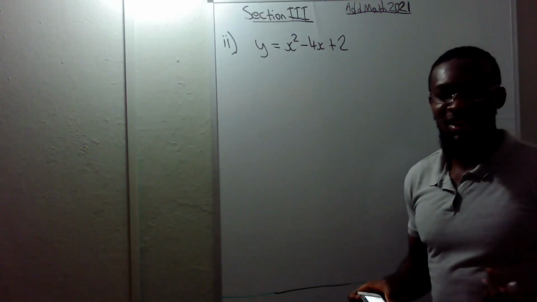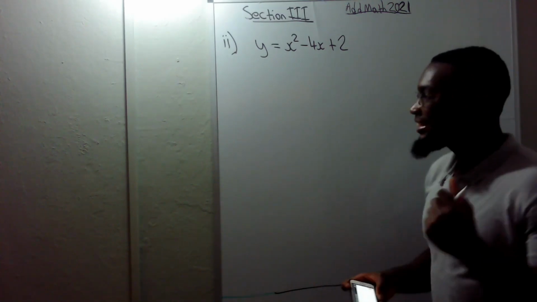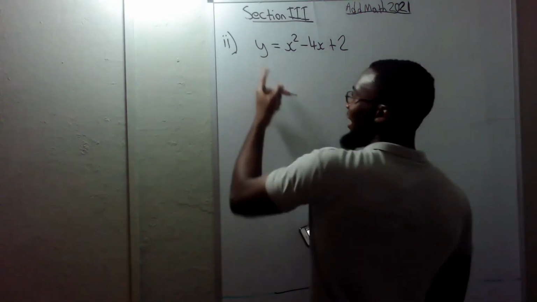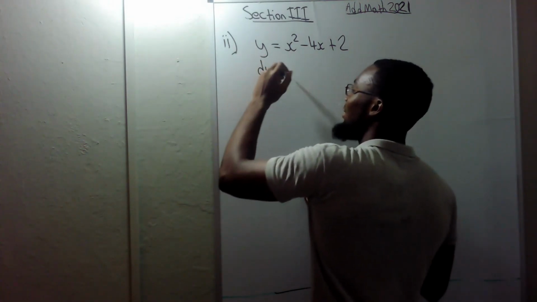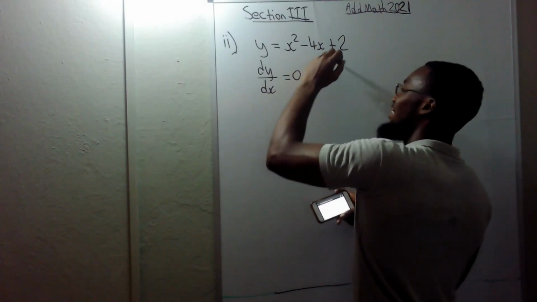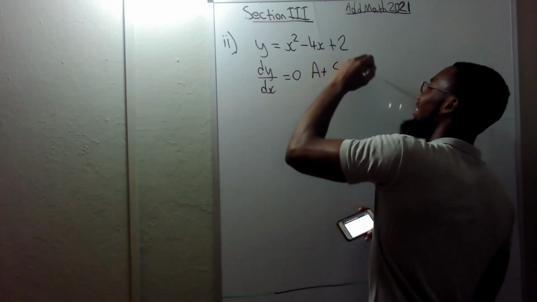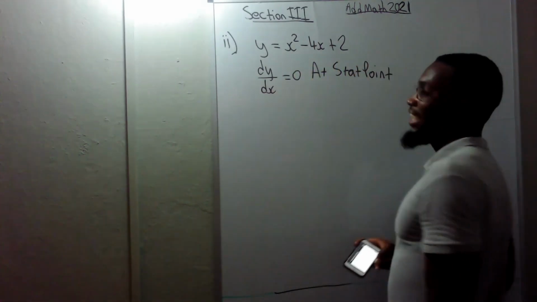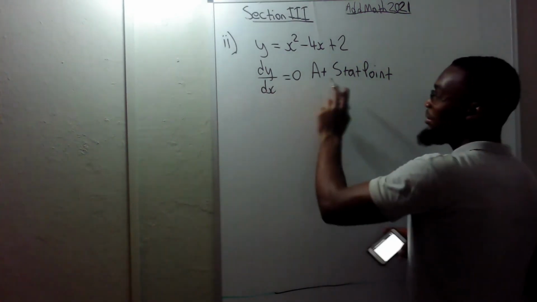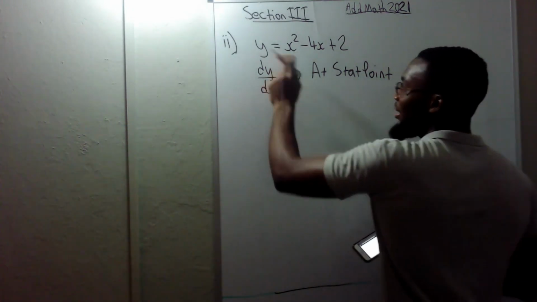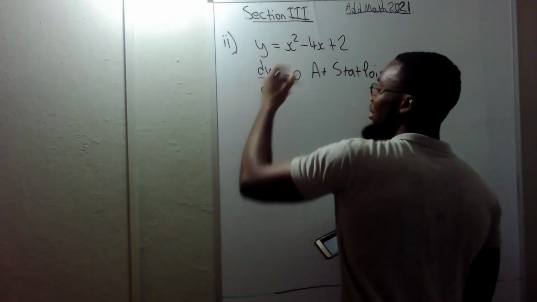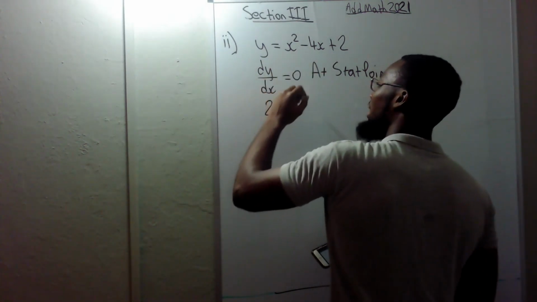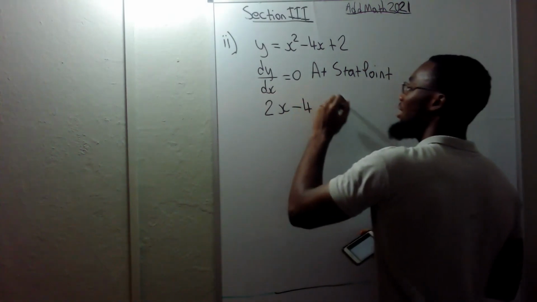Now guys, remember, at a stationary point, dy by dx is 0. Since dy by dx is 0 at a stationary point, we differentiate this to get 2x minus 4, and you set it equal to 0.